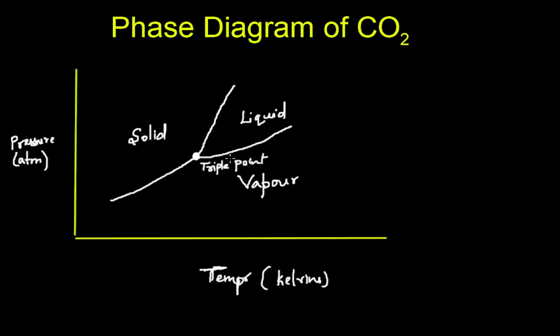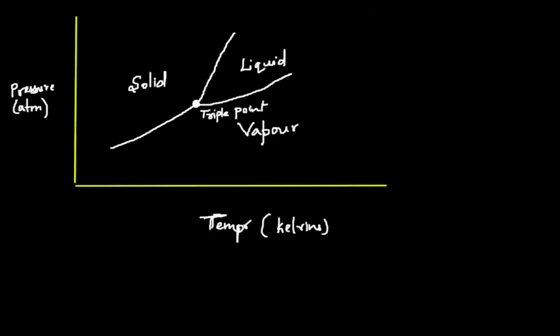So let us see the salient features of this diagram. The first thing to notice is that there is a positive slope for the solid liquid phase boundary. So I'll just write here, you can just look at this diagram.